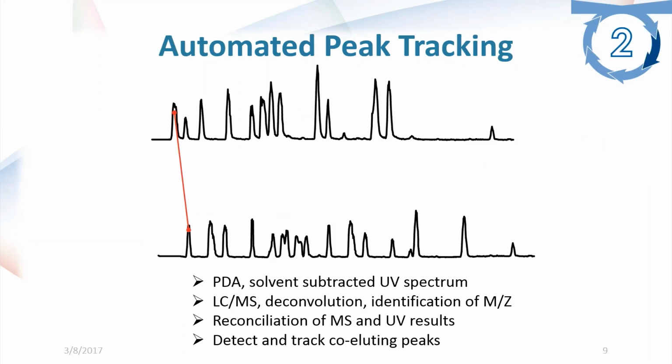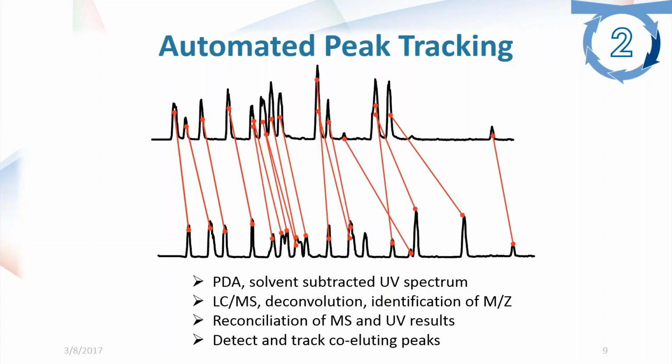Okay, so once the injections are completed and brought back into the software interface, we have the capability to do automated peak tracking. So as I'm representing here, only with 2 chromatograms, it's a pretty simple task to track peaks if you're only looking at 1 or 2 peaks. However, if you have areas where there's coelution, that can be a little bit of a challenge.